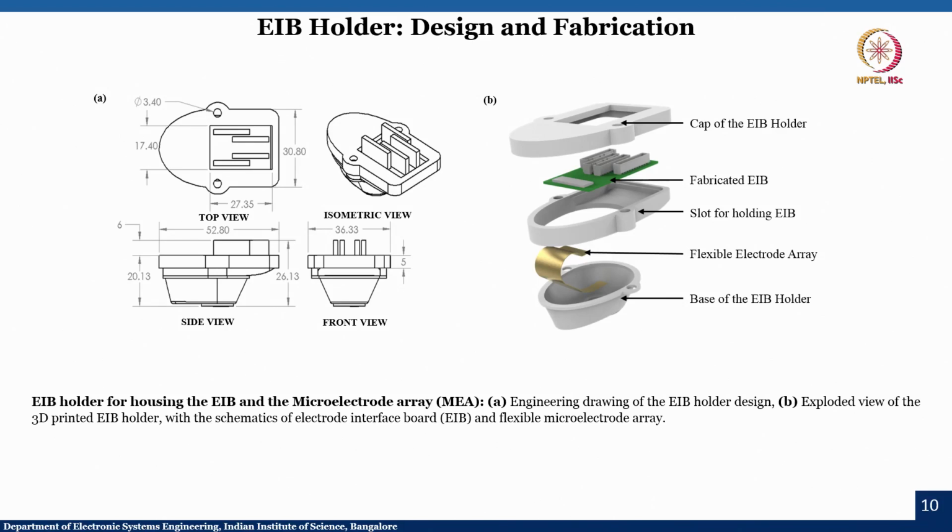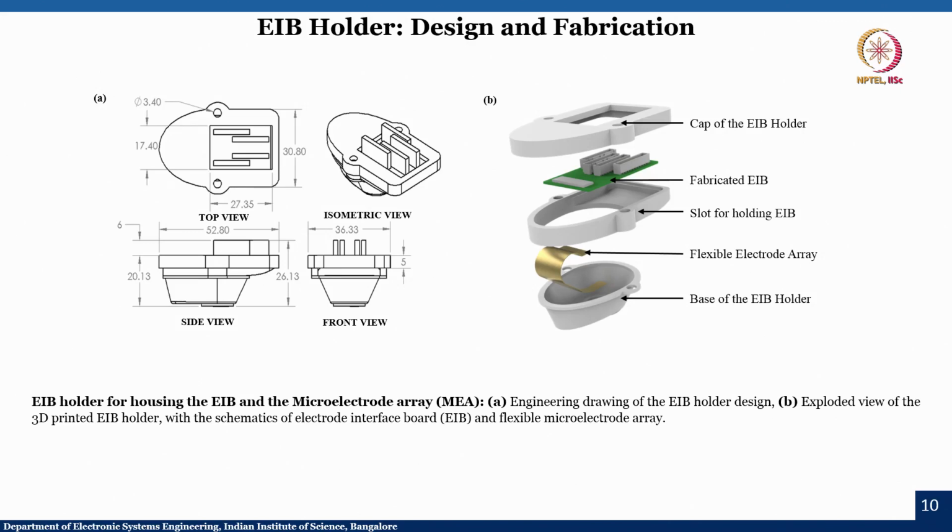Now, in this case what you can see is the holder design and fabrication. Why have we fabricated the holder? Because when you put this holder onto the rat's brain, then whatever the disturbance, when the rat is moving or something else, we can kind of save the animal in that particular manner.